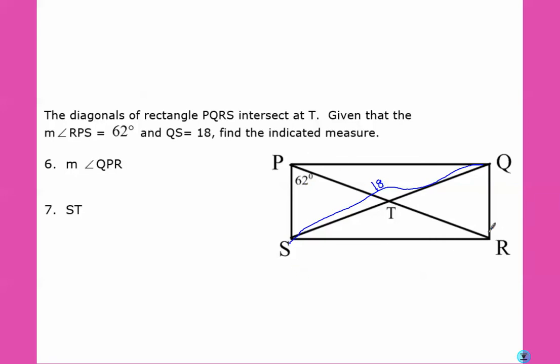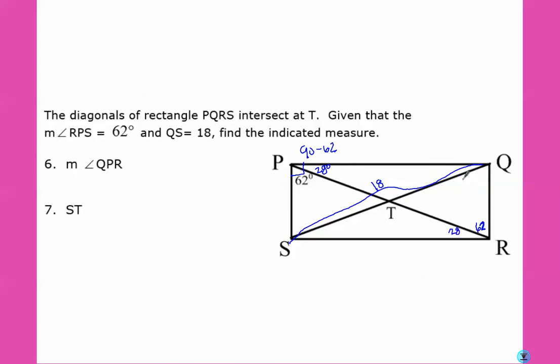So if this is 62, this is 62. And we know the angles of a rectangle are right angles, so they add up to 90. We know this is a right angle. So the other piece of this would be 90 minus 62, which is 28 degrees. If that's 28, this is also 28.